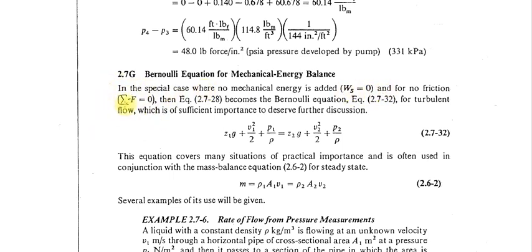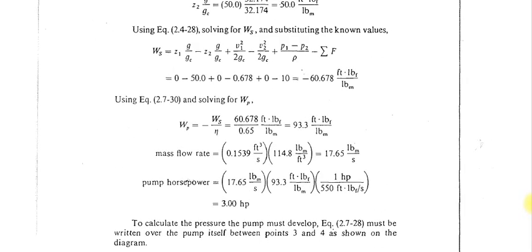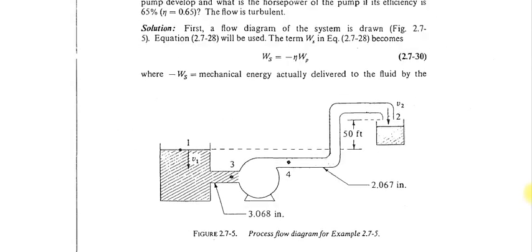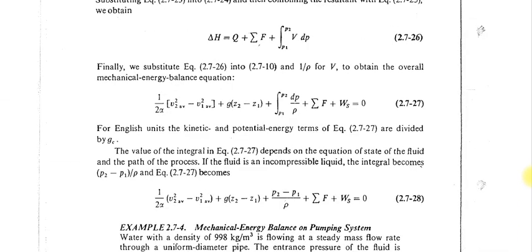If friction is 0, then sigma F equals 0, and you will end up with this equation, which is the Bernoulli equation. So the Bernoulli equation comes when you assume that the work done on or by the system is 0, as well as the friction losses are 0, and when you incorporate the friction losses and work done, you will get the overall mechanical energy balance equation, which is this equation.